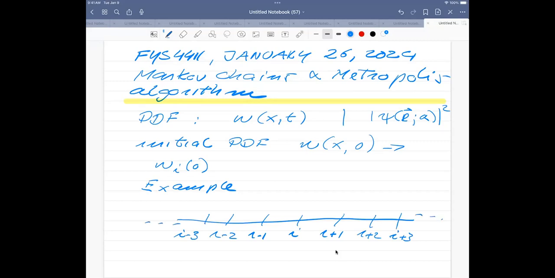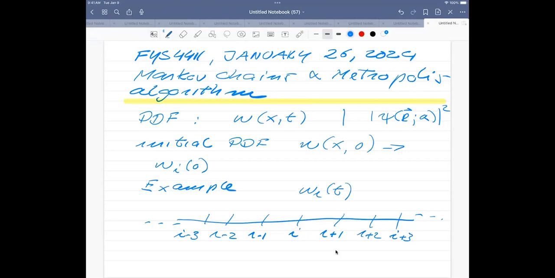So this would be a typical example, and that means that this W_i at a given time t represents the probability of being in this position here at a given time t. Now, a Markov chain is represented by a physical process where you jump from one position to another with a transition probability.